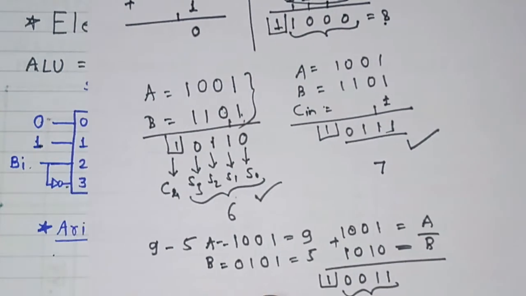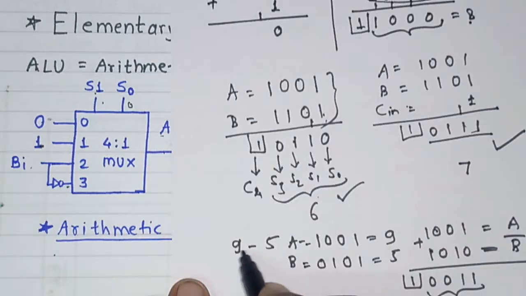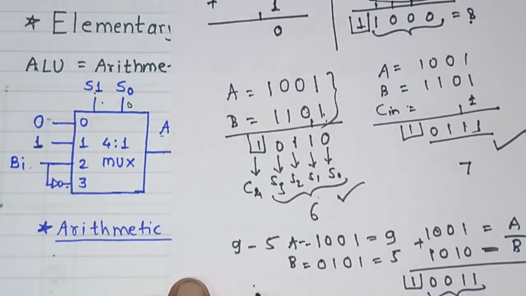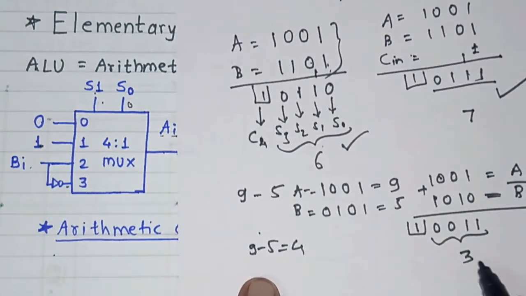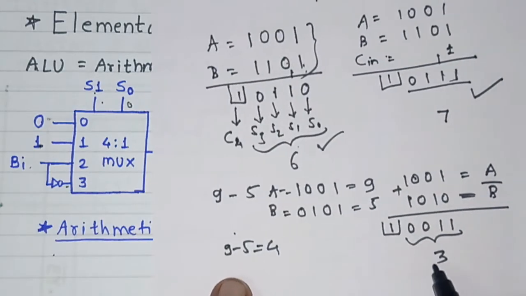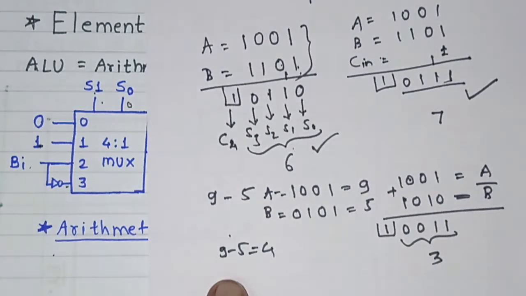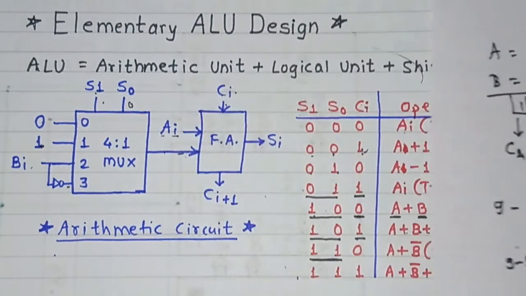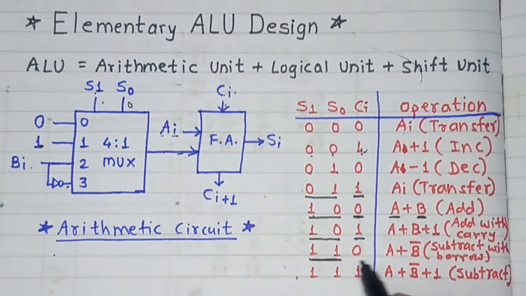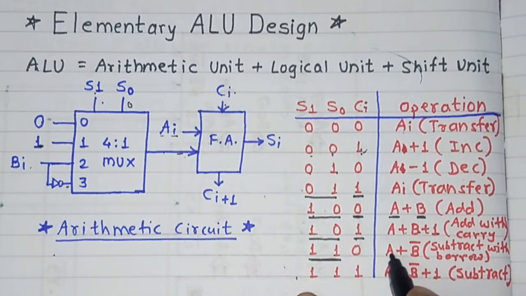But if you perform the decimal subtraction, then what will you get here? 9 minus 5 is 4, right? But it is giving us 3. Why? Because it is performing subtract with borrow. That's why this circuit is giving you A plus B bar, that is subtract with borrow.